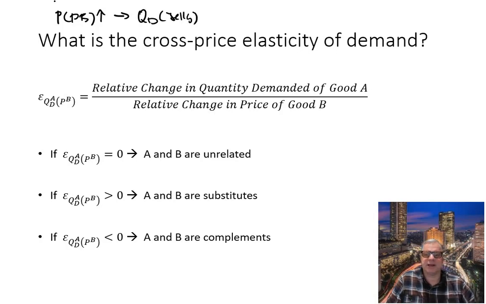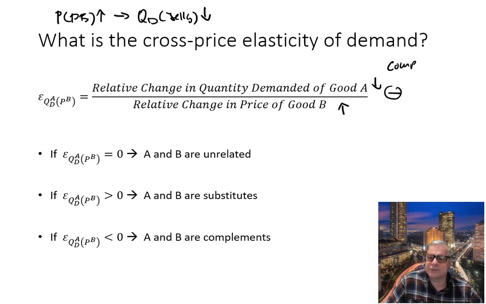When the price of peanut butter goes up, people buy less peanut butter, and if they eat less peanut butter sandwiches, they also put less jelly on it. So the demand for jelly goes down. So in this case, we have an inverse relationship. And whenever this is negative, then we have complements. Well, and if, let's say, the elasticity is 0, that just means that the two goods are unrelated.